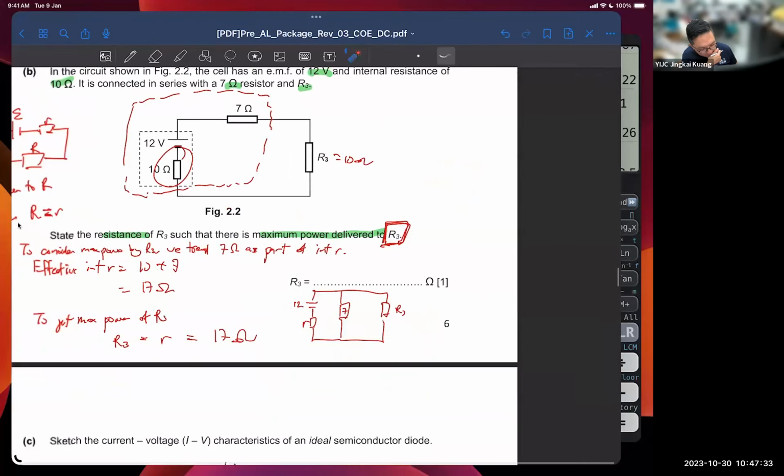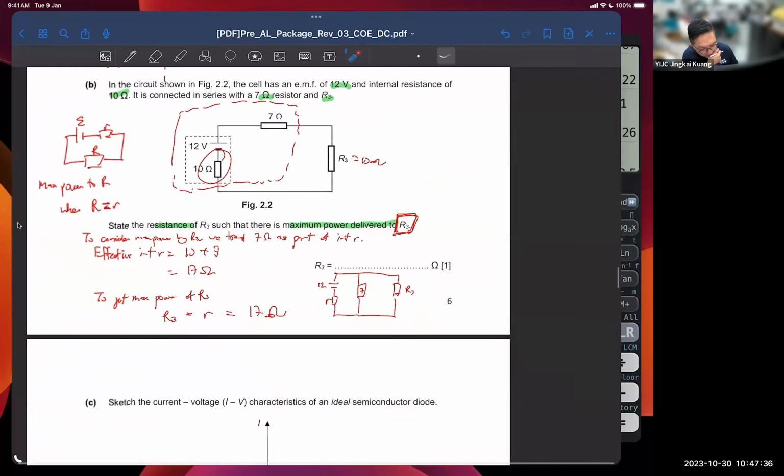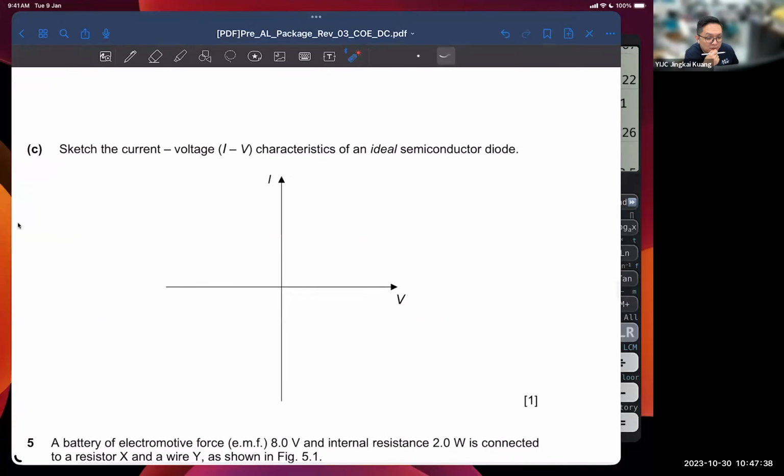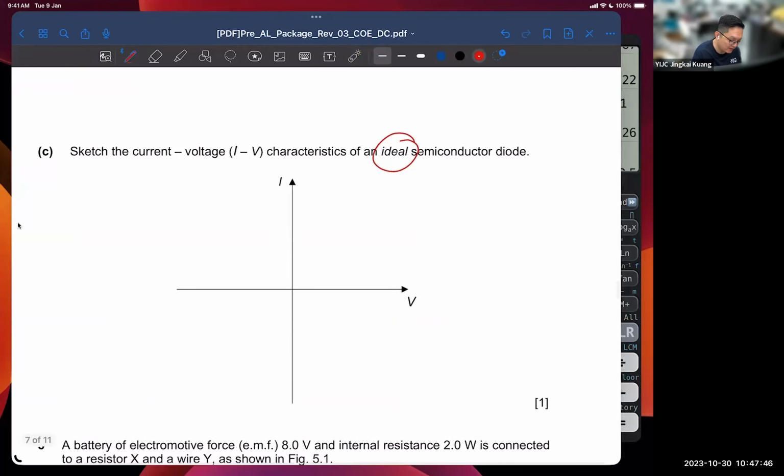Okay, this one we set for mid-year or prelim. Ideal. Non-ideal one will look like this.